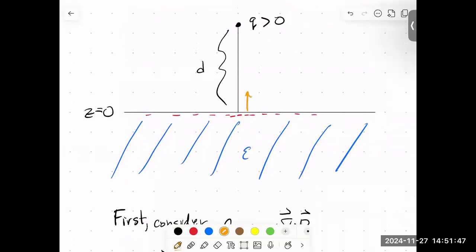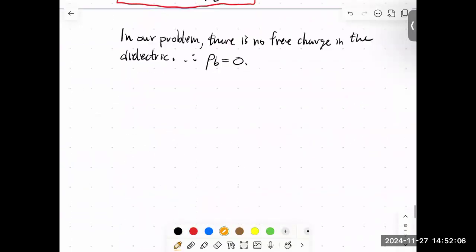And so that is going to be calculated from the dot product with a normal vector. And our normal vector is pointing in the z direction. So this is just equal to z hat in our case. Okay, good. So sigma b is the polarization times n hat.